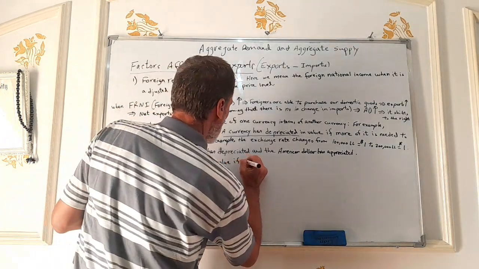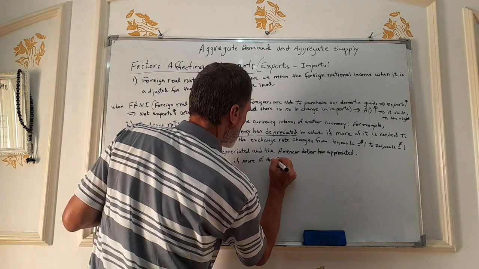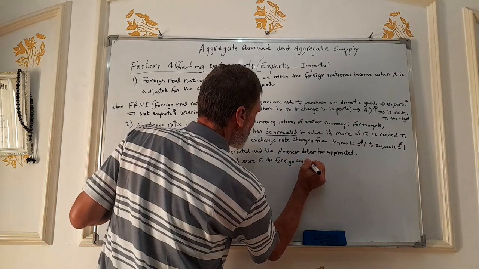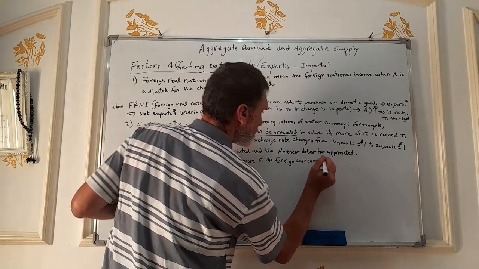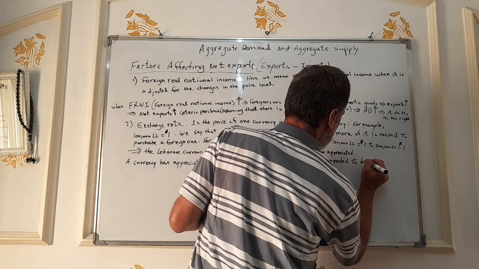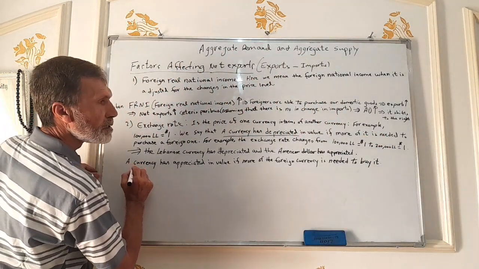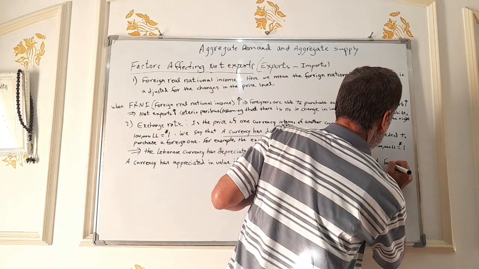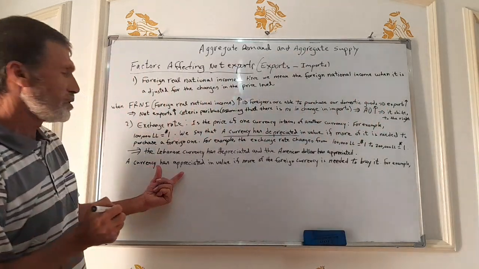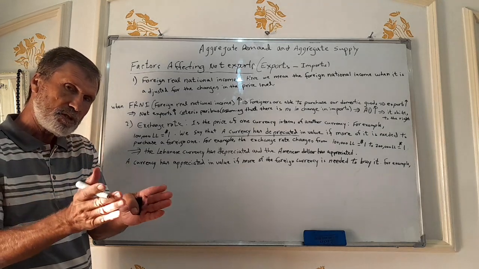If more of the foreign currency is needed to buy it. For example, now we're talking about appreciation in value. It means more of the foreign currency is needed to purchase the domestic currency.